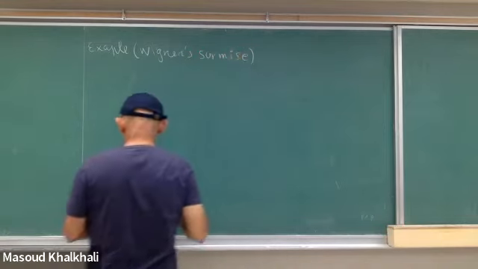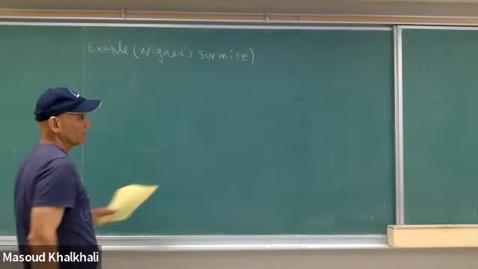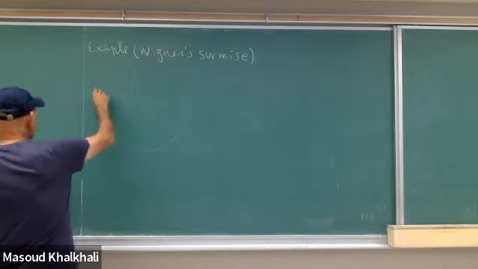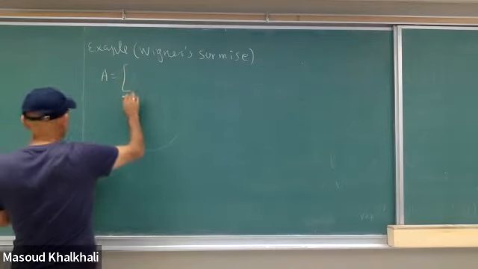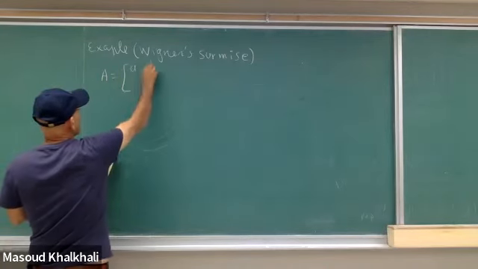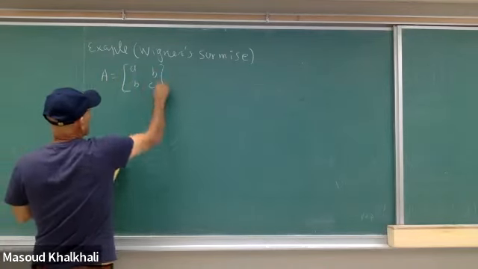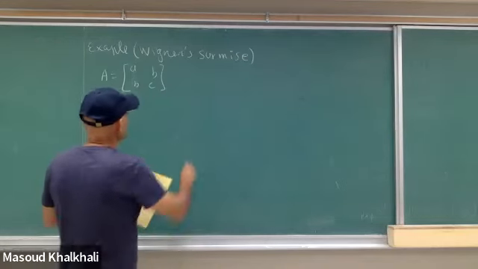To give an example, let's look at a matrix A, which is a 2 by 2 symmetric matrix with entries A, B, B, C. So real symmetric.